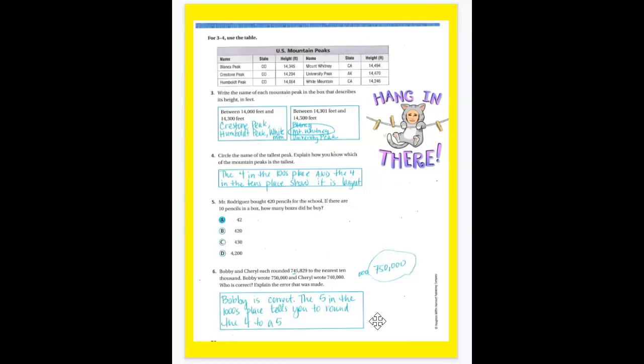For this question, Bobby is correct. Cheryl left the 10,000s digit the same instead of increasing it by 1. The digit in the thousands place is 5. So to round to the nearest 10,000, Cheryl should have increased the 10,000s digit, which is 4, by 1, which gives us 5.